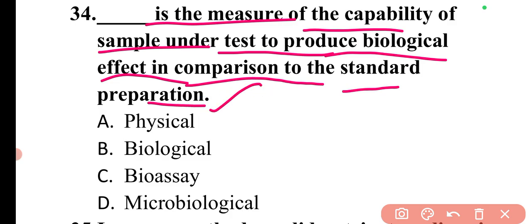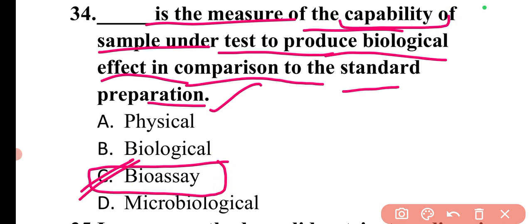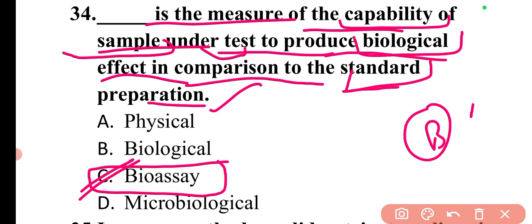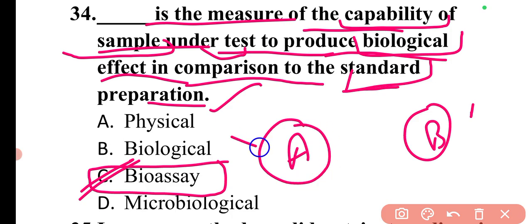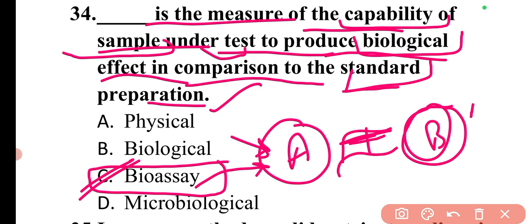So these are basically bioassays, in which we measure the capability of the sample under test to produce the biological effect in comparison to the standard preparation. There is a standard preparation, and there is a sample preparation whose capability needs to be checked. So bioassays are carried out for these tests, and then the results are compared with the standard preparation, and these type of tests are known as bioassays.